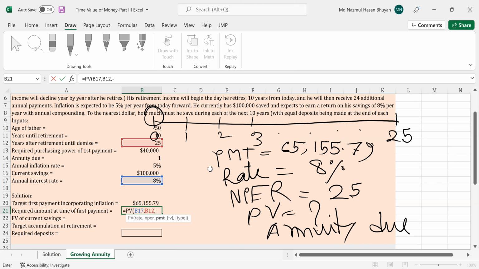So PMT, negative PMT. You don't have any lump sum future value amount. So it is 0. And then it is an annuity due formula. So the payments happen at the beginning of the time period. So therefore, type should be equal to 1. Close the bracket, hit enter.